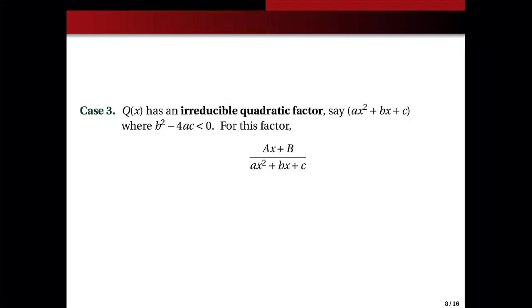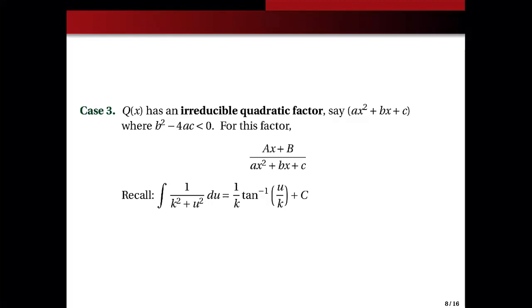And once you have this, you might need to recall that the integral of 1 over k squared plus u squared du is equal to 1 over k times tangent inverse of u over k, plus c. Try to recall this. If k is equal to 1, you'll just have tangent inverse of u plus c.